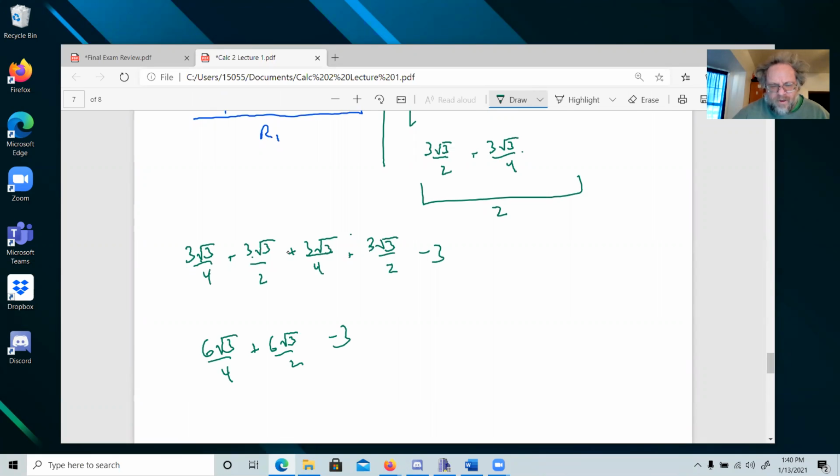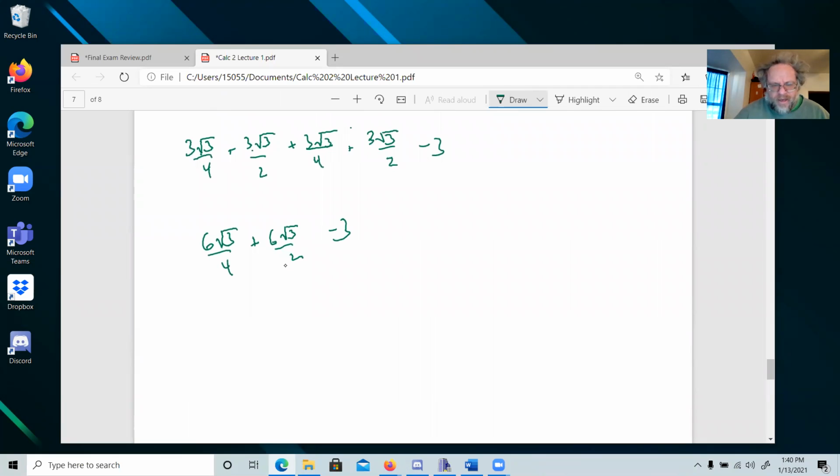All right. So let's go ahead and make this times 2 to get common denominators. So we have 6 plus 12 root 3 all over 4 minus 3. And we can clean this up a little bit, right? Oh, I know. We could do it this way, because they're both times root 3s.